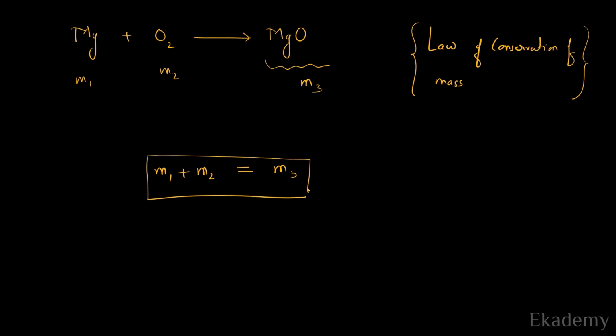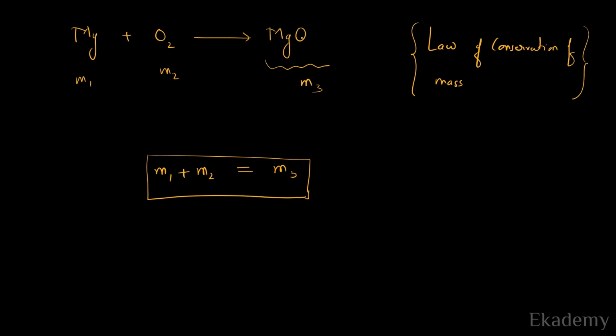For masses to remain conserved, the number and types of atoms in the reactant must be equal to the number and types of atoms in the product. So now let us see what is happening in this reaction. We have one magnesium atom in the reactant, one magnesium atom in the product, and two oxygen atoms in oxygen gas, O2, right?